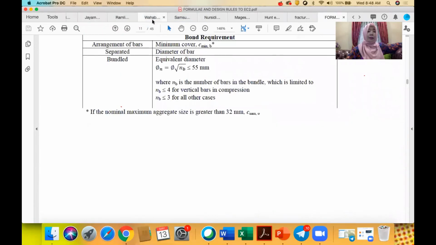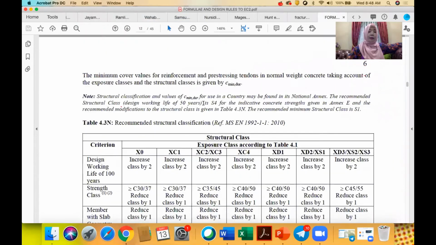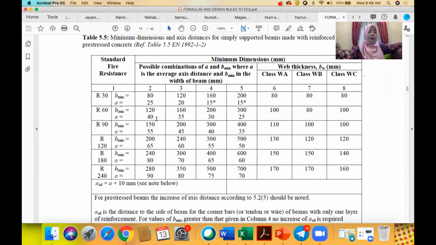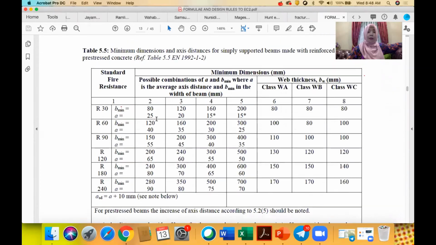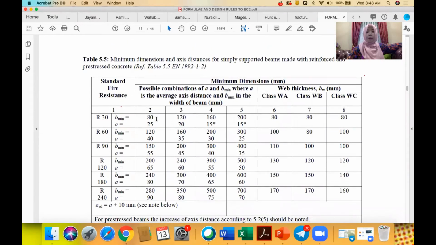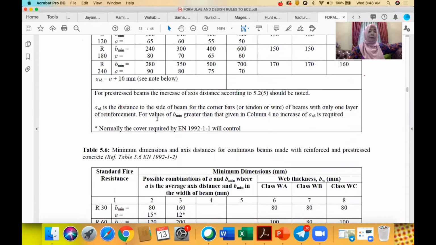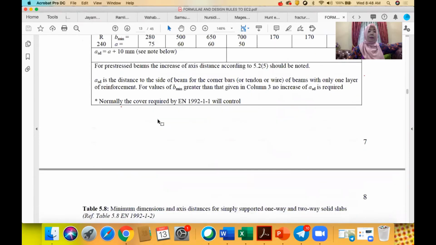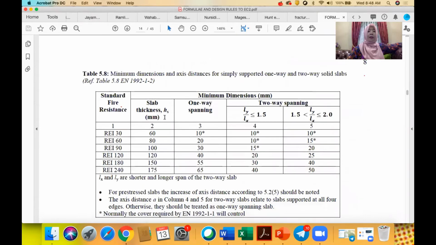Rotate clockwise. Okay, what is fire resistance? This is for beam. This is reinforced. Here we have one-way and two-way slab.